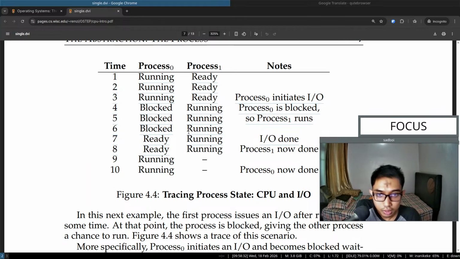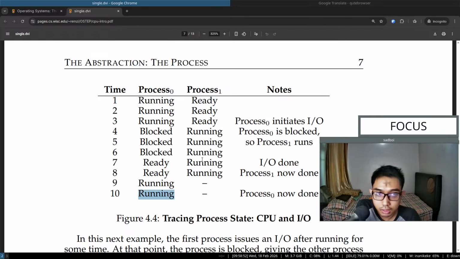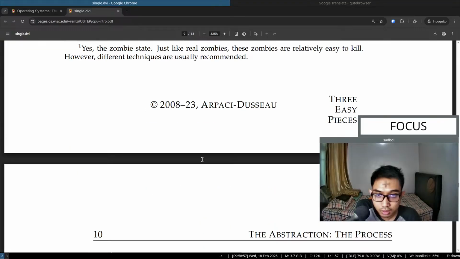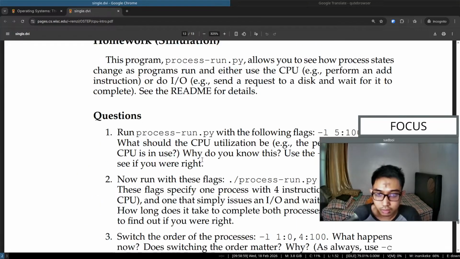We are not immediately switching back to the input-output process, but we are finishing what is already running at the moment. And then when this process finishes, we go back to the previous process, the input-output process. Okay.